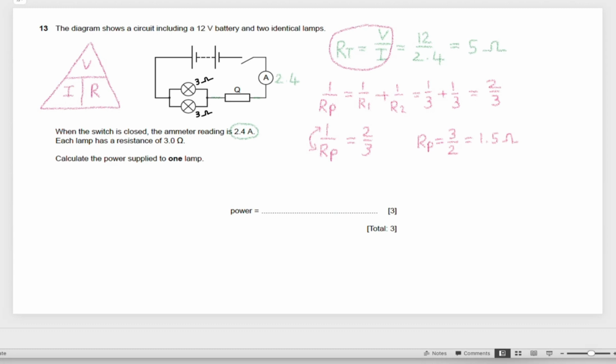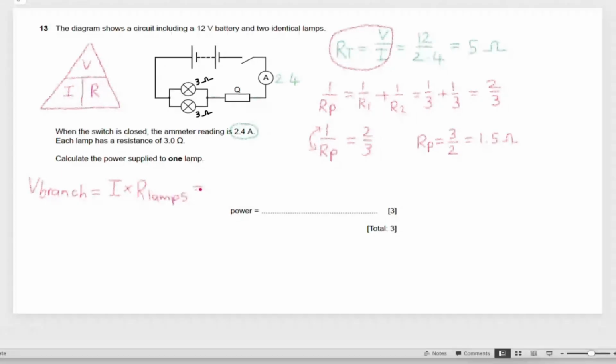Okay, so in step 3, I hope that everyone is still following. In step 3, we are focusing on the voltage across the lamp branch. It's a series chain, so the series current 2.4 flows through the branch as a lump of 1.5 ohms. So the voltage of the branch is equal to the current multiplied by the resistance of the lamps.